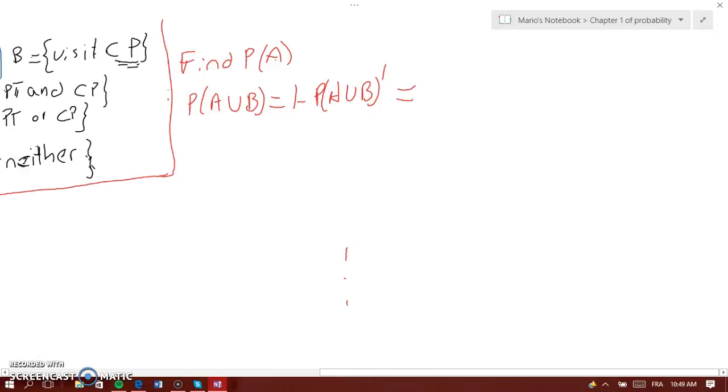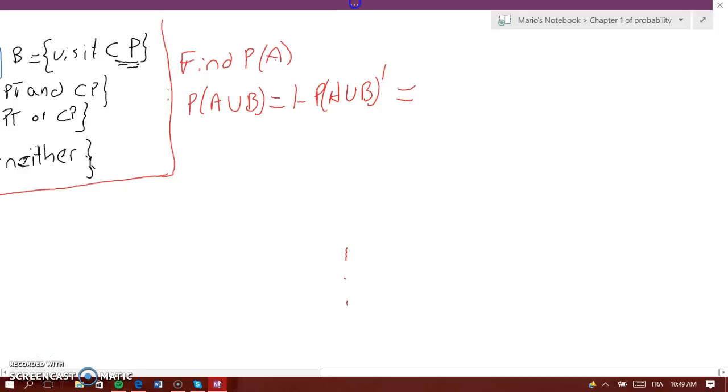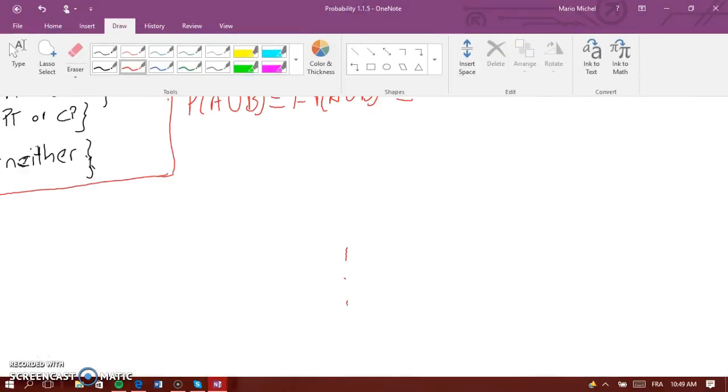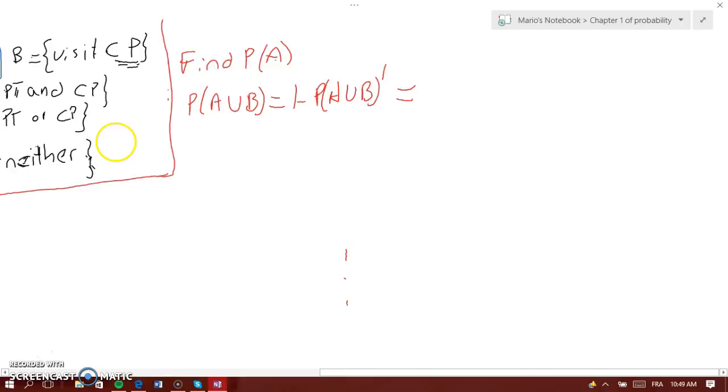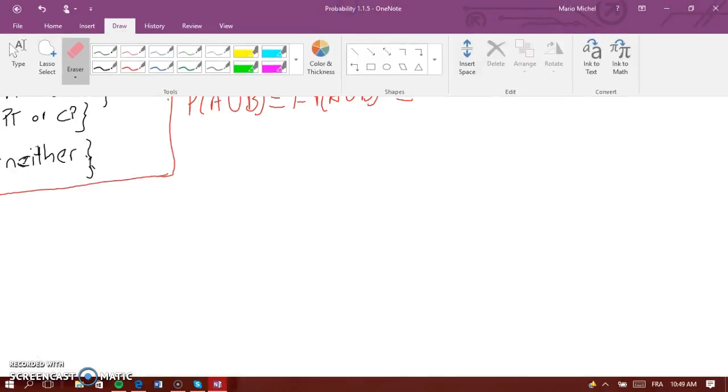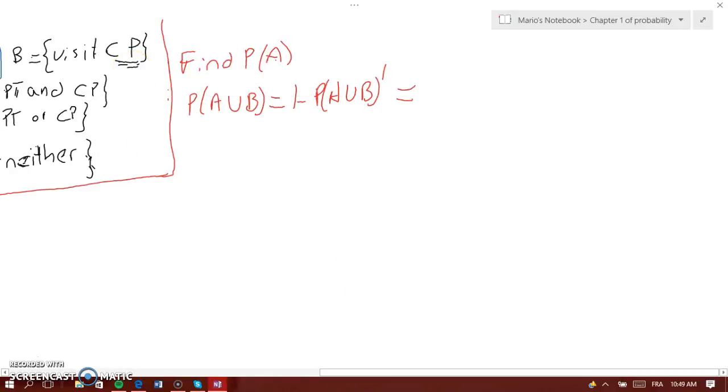So here again you're using set theory. If you don't know the formulas and how to manipulate them, you can have trouble doing these probabilities. So P(A union B) equals 1 minus P(A union B complement), which is 1 minus 0.08, which is equal to 0.92.